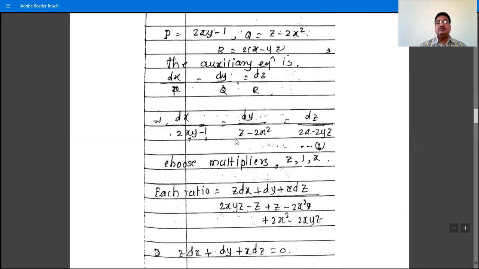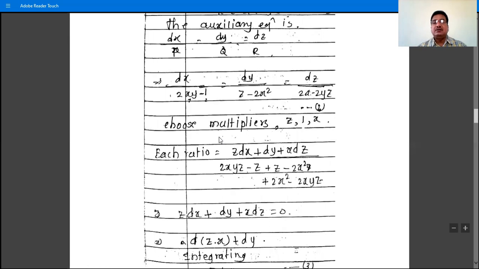Now we have to find two linearly independent solutions of this equation number 2 by using two methods: either consider any two ratios that do not contain the third variable, or where the third variable cancels out of the two ratios, or choose multipliers.